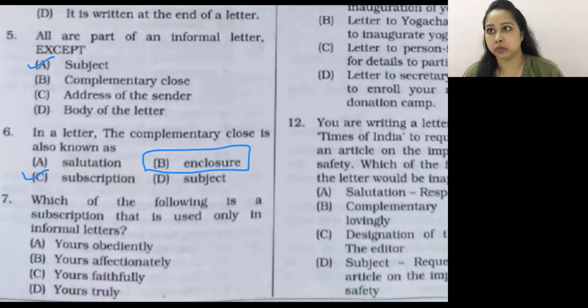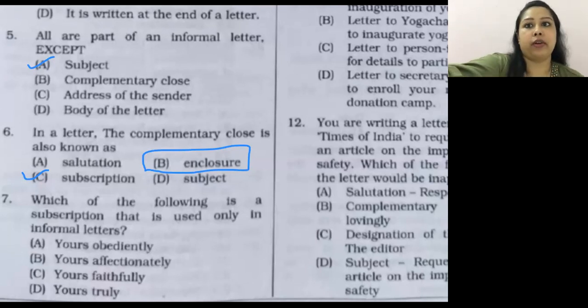This is enclosure, where you are enclosing the documents you are sending or attaching with the letter. Clear? Do not get confused between the two. Arya, I hope your doubt is cleared. Dhruv, I hope your answer is clear now. Okay, fine.